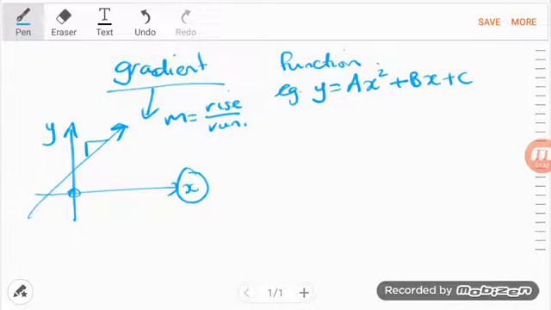So we'll just put that as an example. In the case of a straight line, the gradient can easily just be a number. It could be, in this case, a gradient of 2. Or it could be a gradient of 1. So for every 1 square across, we would go 1 up.